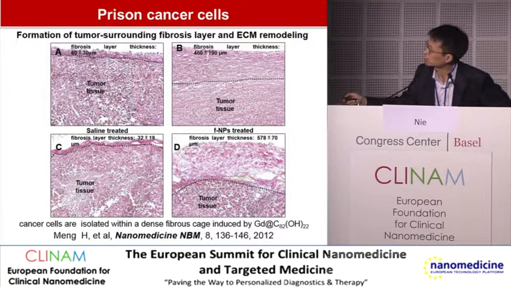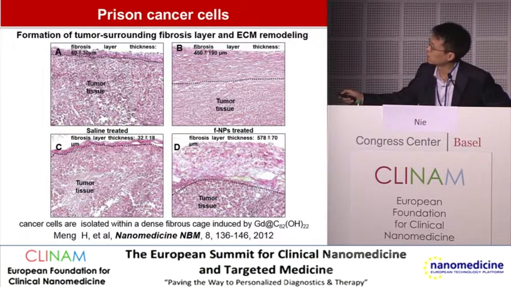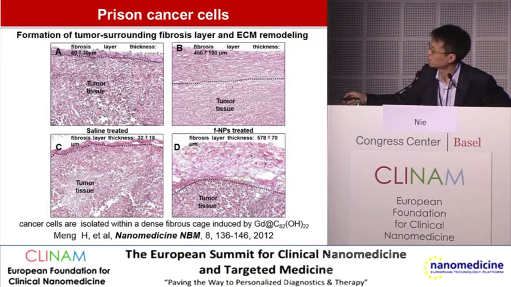This is a control tissue, the control group without treatment. You see the tumor tissue as the main mass, with less surrounding tissue. But if you treat with the nanoparticles, you see very dense fibrosis-like structures growing on the surface, and more clearly in other images.